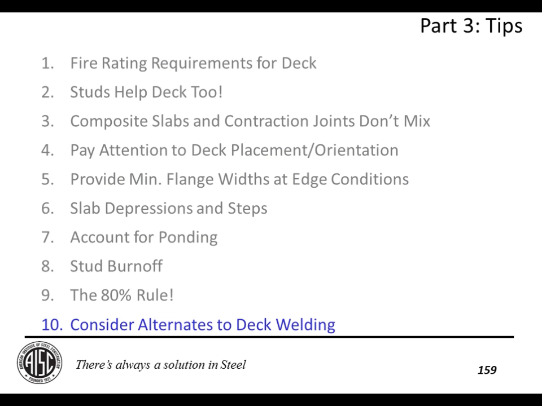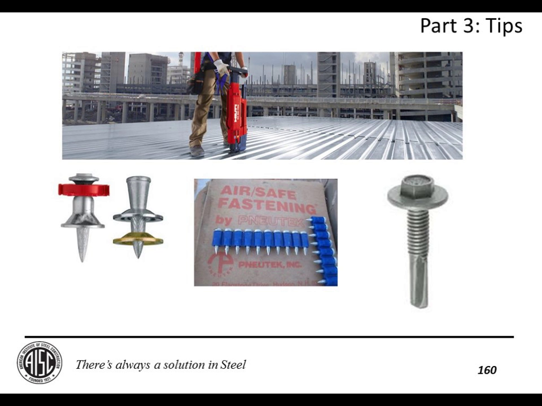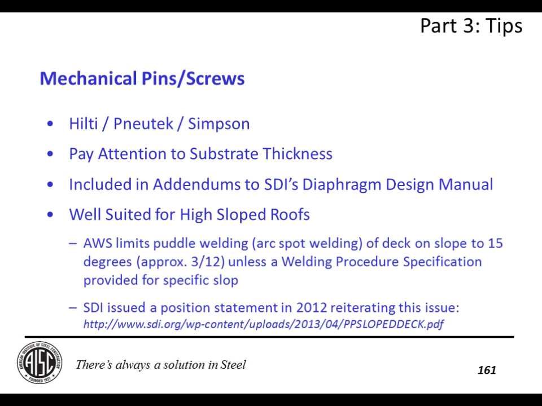And finally, number 10, consider alternates to deck welding. I like pins. Hilti produces them, Nucor produces them, Simpson produces some screw anchors. I like them because I find that they have a higher quality control. They are easy to install in a rapid fashion. They're well suited for high sloped roofs.